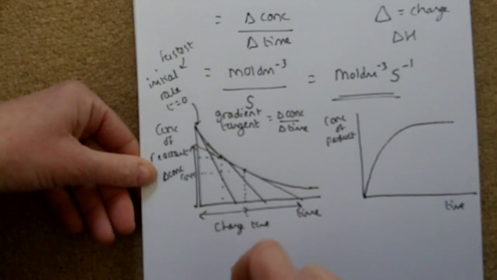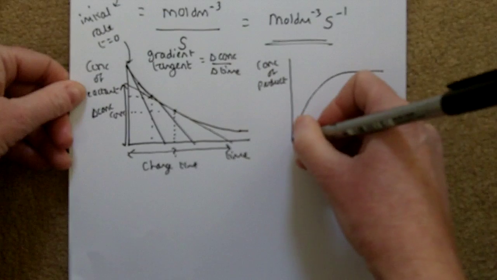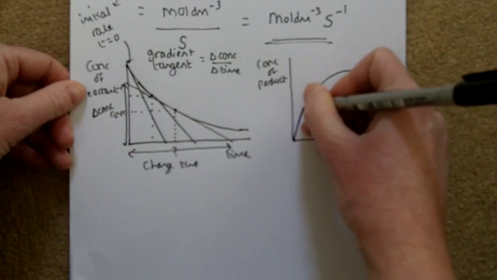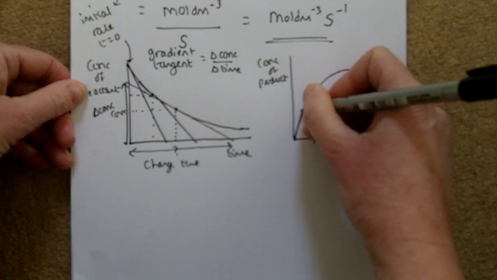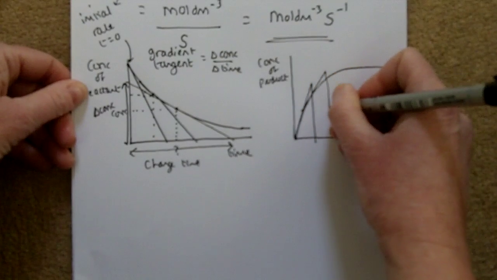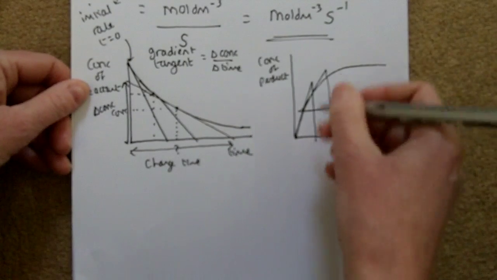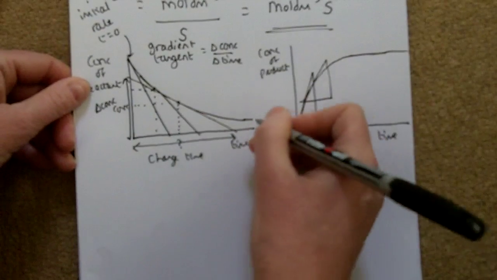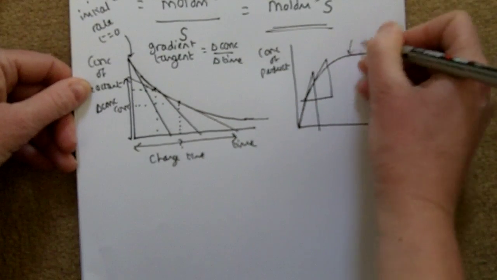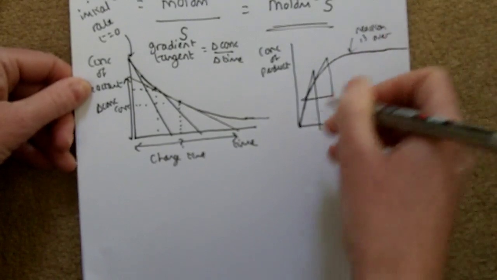Okay, now if it's a product, you do exactly the same. The initial rate will be a tangent at time 0, like this, and then you could find the tangent at various points, draw your triangles, and work out the gradient. When the concentration doesn't change anymore, that is when the reaction is over and finished.